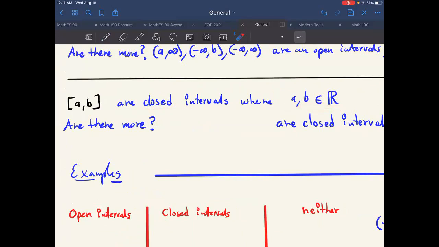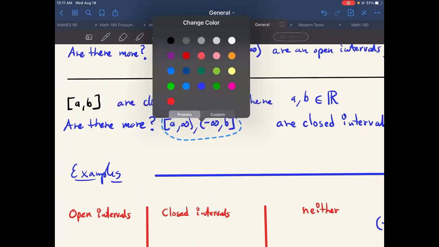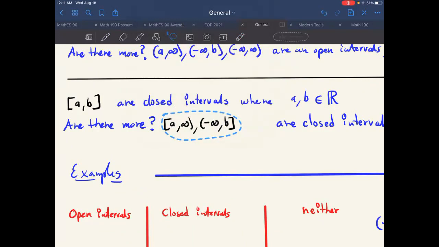Are there more closed intervals, Professor? Yes. Here are more examples. [a, infinity), (minus infinity, b], and let's mark this black a little bit so you recognize that they are going to be closed intervals, right?